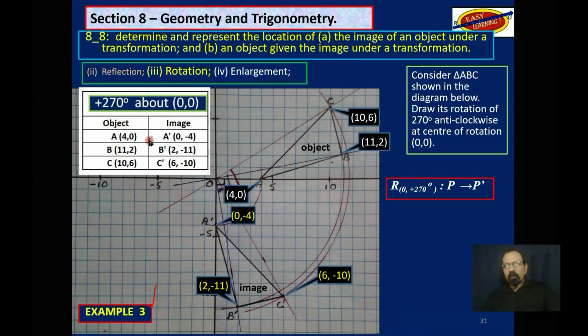So if you put those in a table, you will notice that the x value became the y value over here multiplied by negative 1. But the y value stayed the same, which became x value here. So this is the rule. xy becomes y negative x.